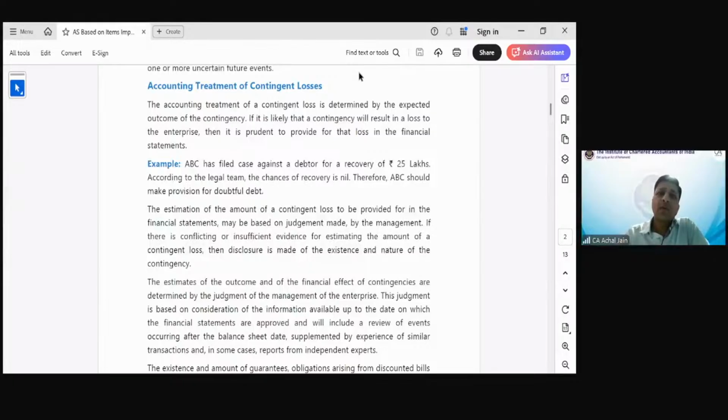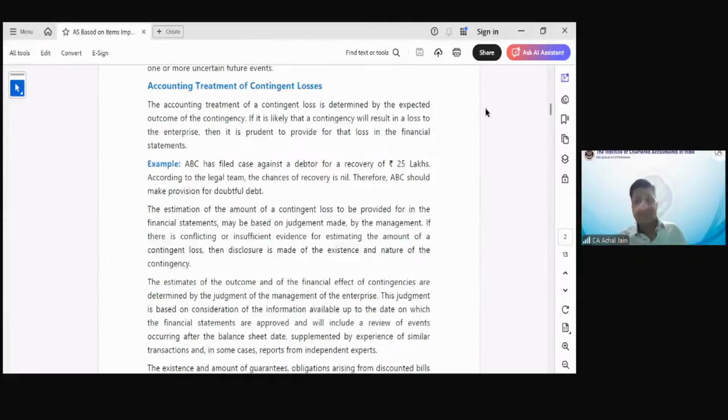Okay. So now, when you create this provision, this outcome as to whether this money will be recovered or not has become contingent. And as regards this recovery, we can't really say whether this money will be recovered or not. And if at all this money will be recovered, whether the entity will be able to recover this entire amount or maybe only a part amount.